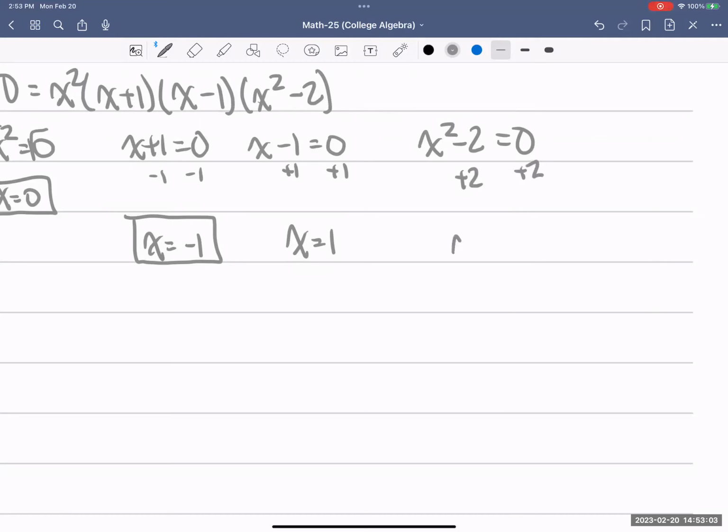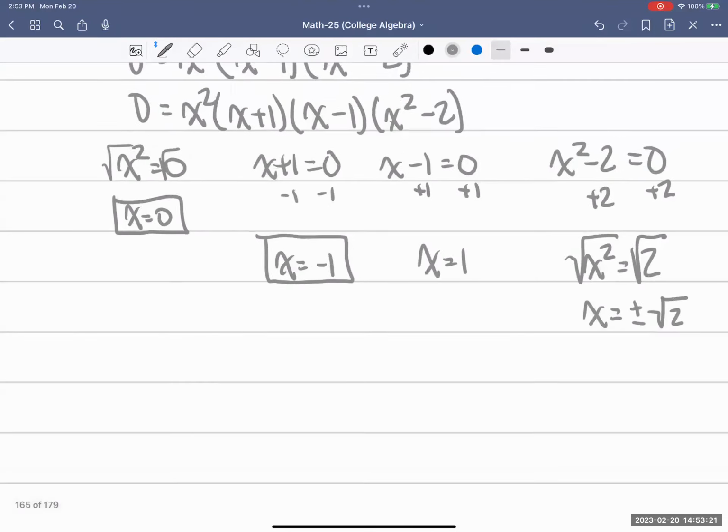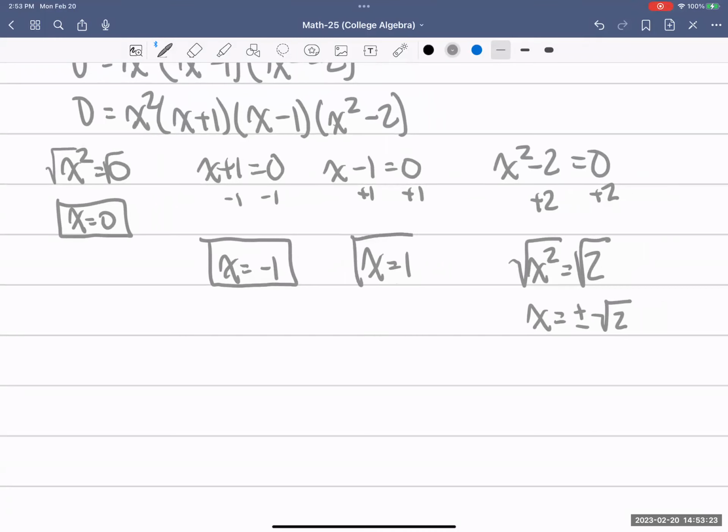Add 2, we have x squared is equal to 2. And take the square root. When we take the square root of a square number, we have to give it the option of it being positive or negative. So we have two solutions there. So let's see, we have 1, 2, 3, 4, 5 different solutions here.